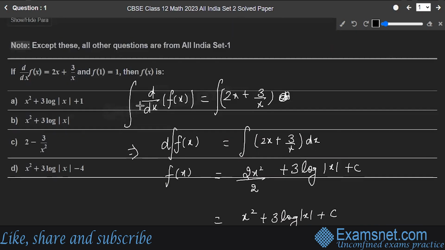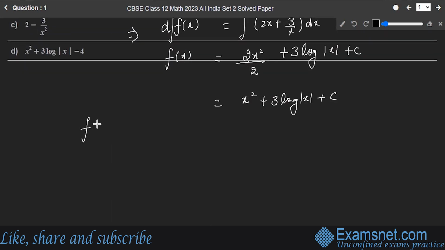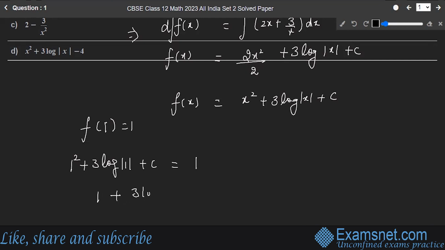Now you are also given that f of 1 is equal to 1. Which means 1 squared plus 3 into log of mod of 1 plus c is equal to 1. That gives you 1 plus 3 log 1, and log 1 is actually 0.